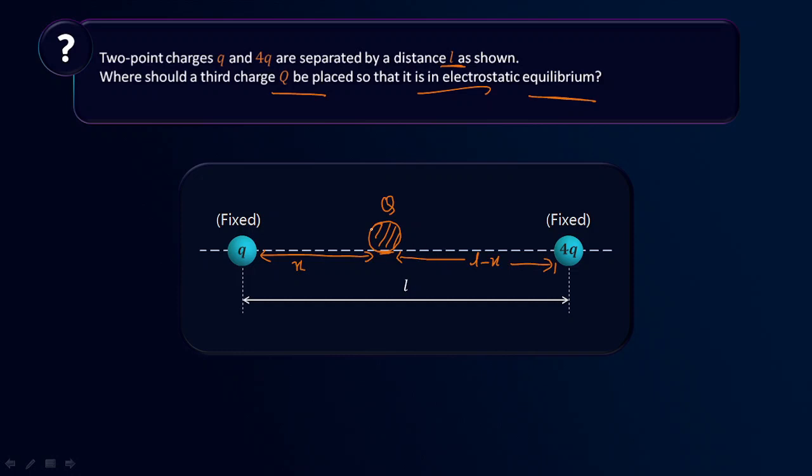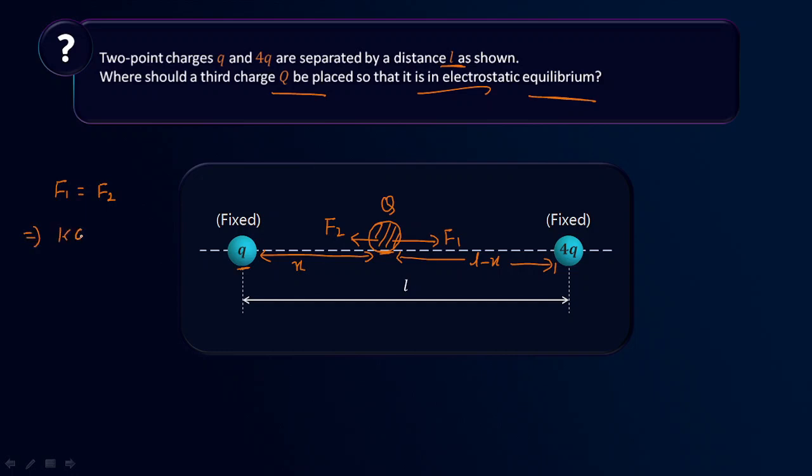Now let us say all these charges are positive, so due to this charge it will be in this direction, F1, and this is F2. Now if net force is 0, can I say that F1 should be equal to F2?